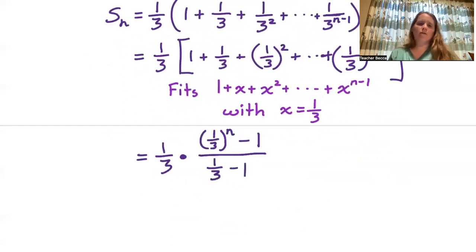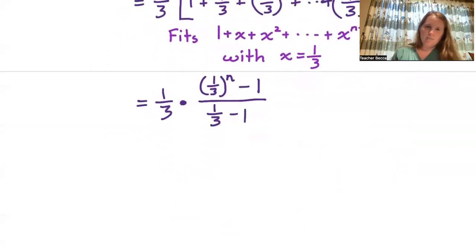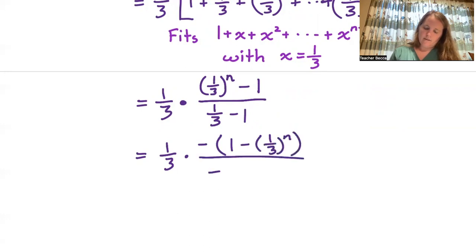I'm going to go ahead and flip both the top and the bottom as 1/3 times a negative, in parentheses 1 minus 1/3 to the n, over a negative, in parentheses 1 minus 1/3.